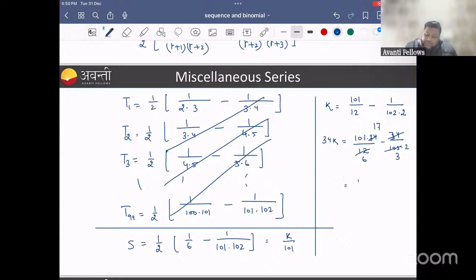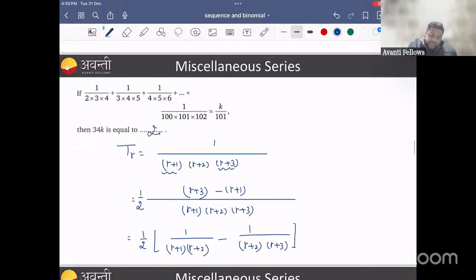So it is 101 into 17 minus 1 upon 6. Got it? So now the answer is 1717 minus 1 by 6. That is 1716 upon 6. So 286 is the correct answer. 34k is 286.